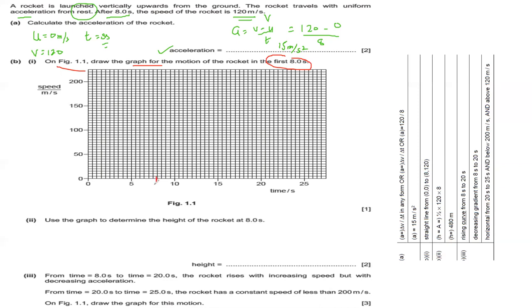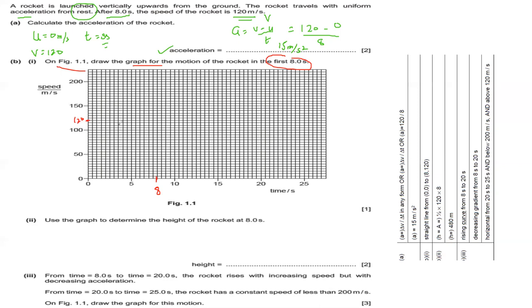So when time is equals to 8, what is the speed of the rocket? Speed of rocket is 120. And each box on the speed axis is representing 5, because from 0 to 50, there are 10 boxes. So this will be 105, 110, 115, and 120.